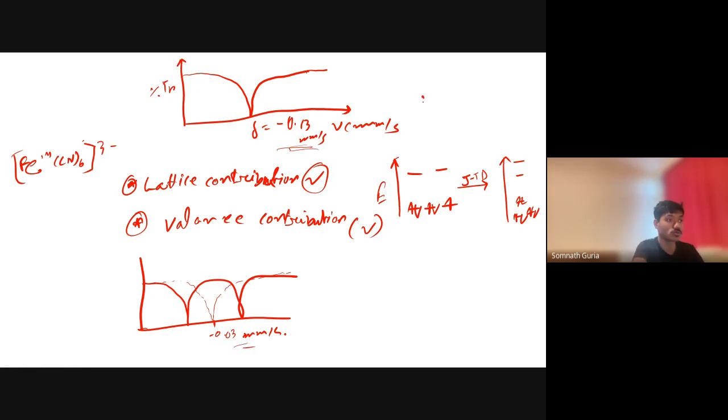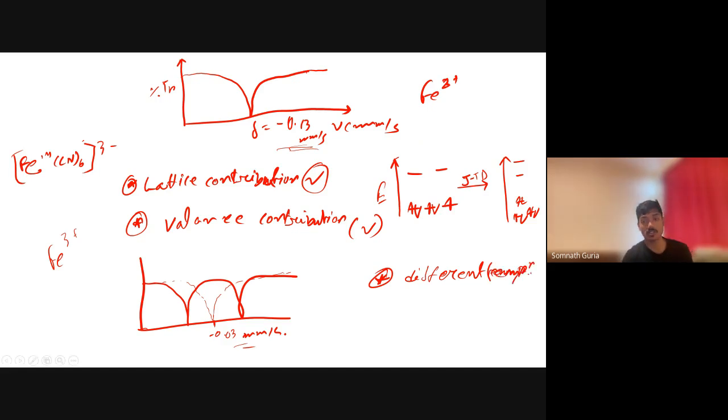This is the iron(II) and this is the iron(III). Iron(II) is supposed to come in the more positive direction, but it becomes the reverse. So why does this happen? Because both experiments have been done at different temperatures.